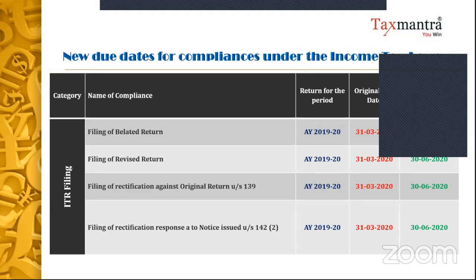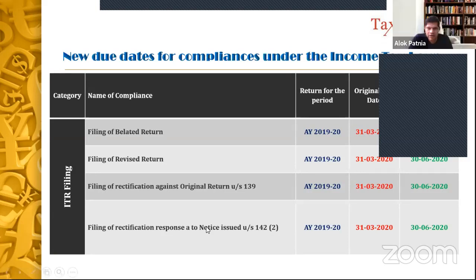You can file the belated return, or revise, or rectify your income tax return for the financial year 18-19 by 30th June, which was earlier 31st of March. The new date is that till 30th of June you can go and file the return, right? Correct.